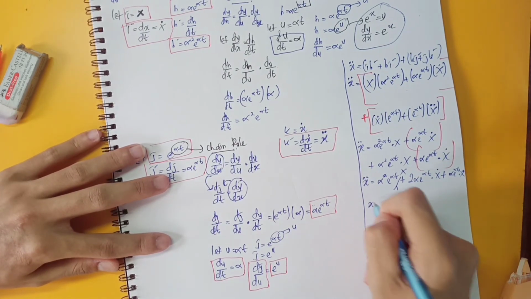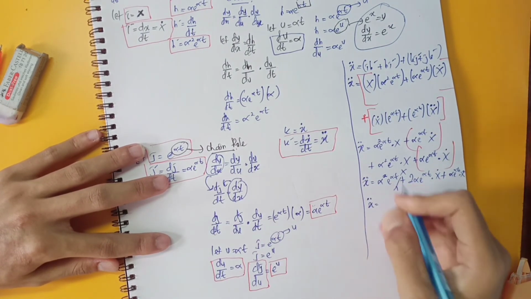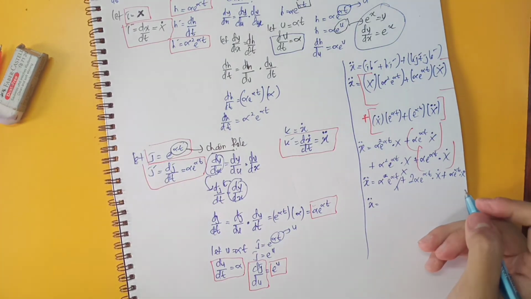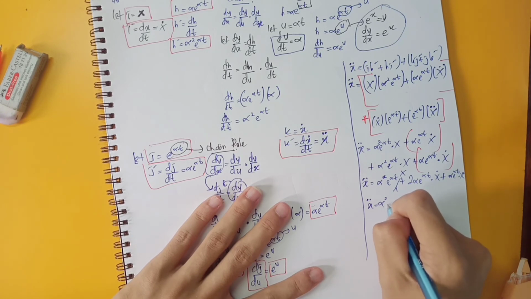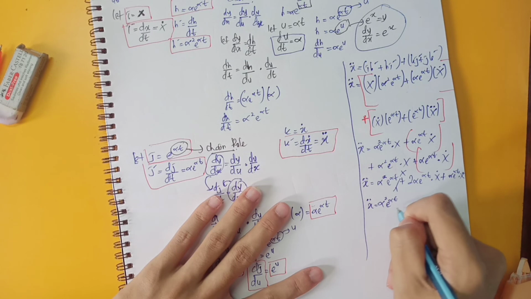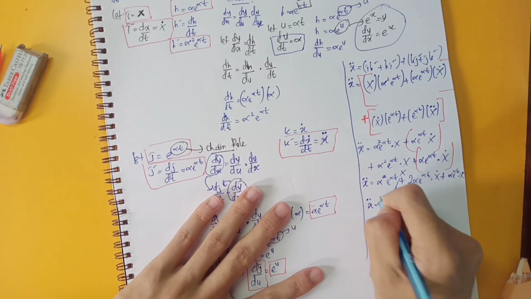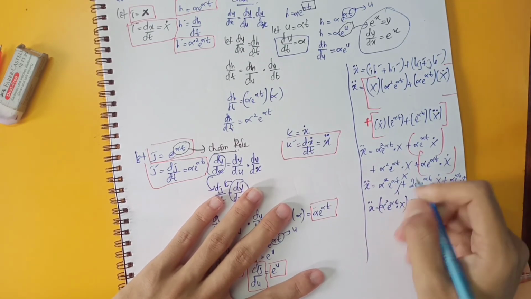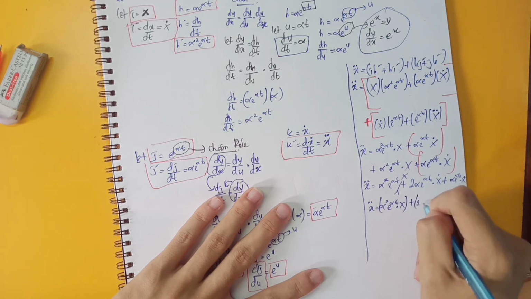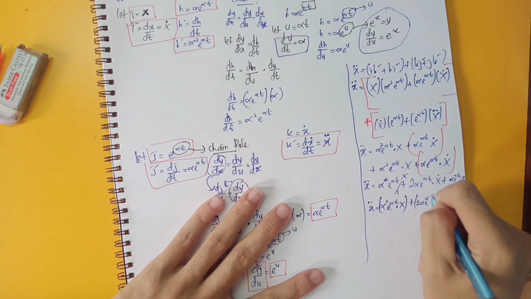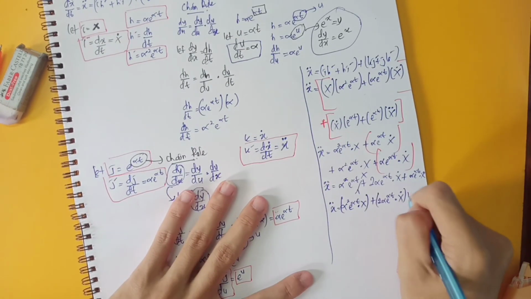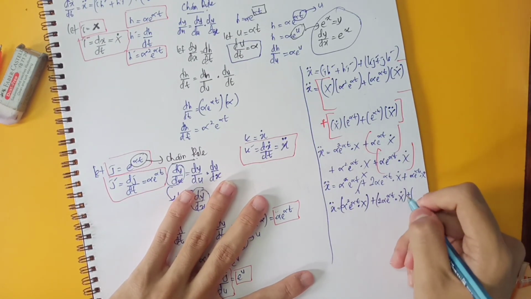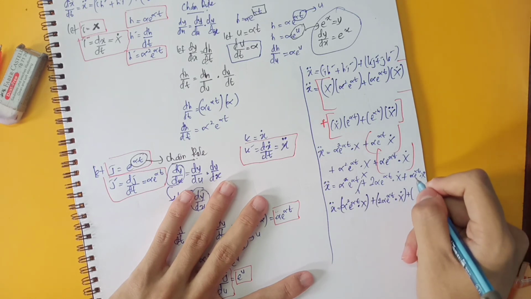So finally x double dot is equal to alpha squared e^(alpha t) times x, plus 2 alpha e^(alpha t) times x single dot, and then plus, finally, what is this though?